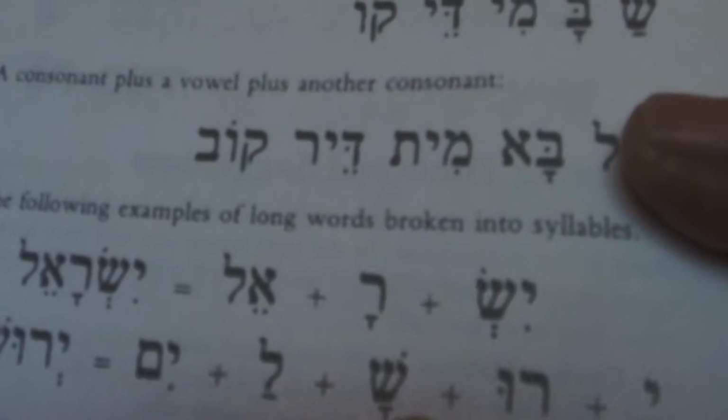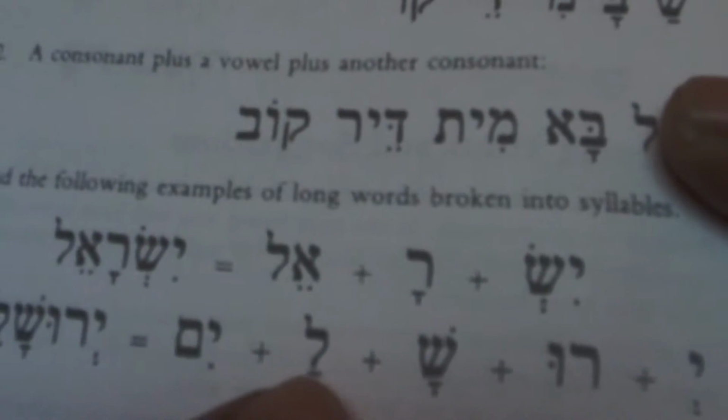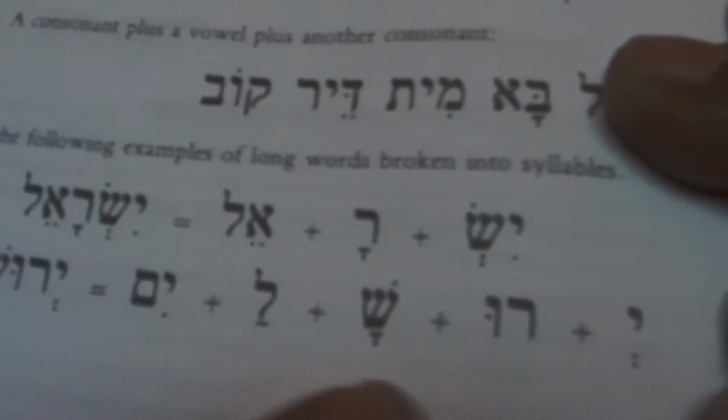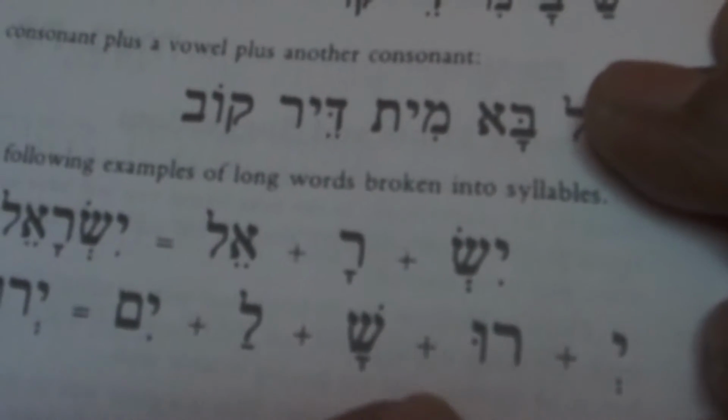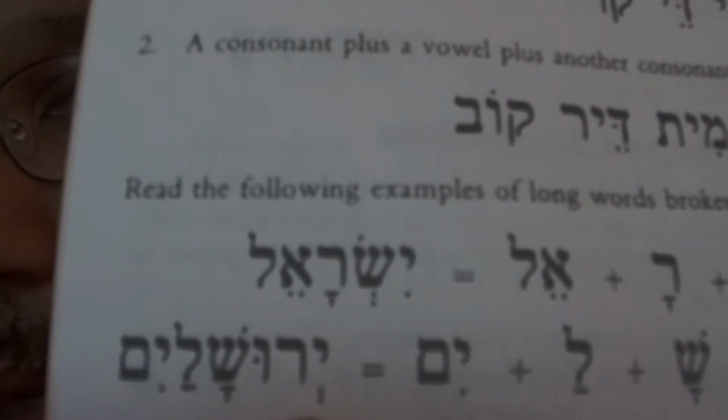That one is a shin. Sha, la, im, yim. Ye, ru, sha, la, yim. Yerushalayim, Jerusalem.